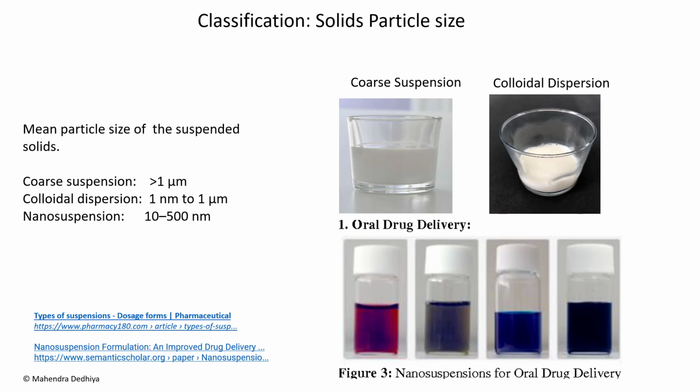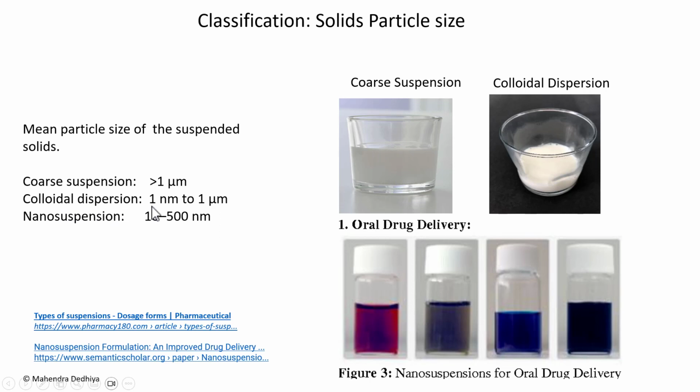Classification of suspension is due to the particle size of the insoluble material. Coarse suspensions are generally greater than 1 micron, and it's shown in this photograph. Many theories are written on colloidal dispersion.